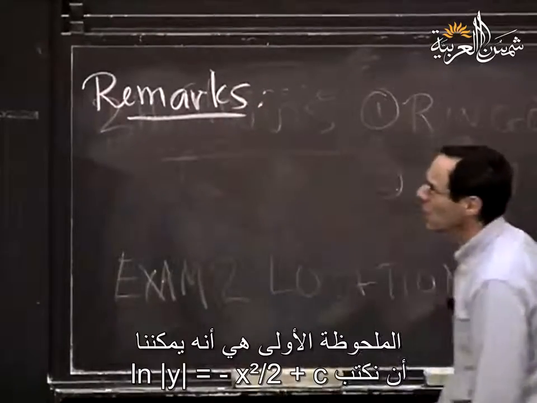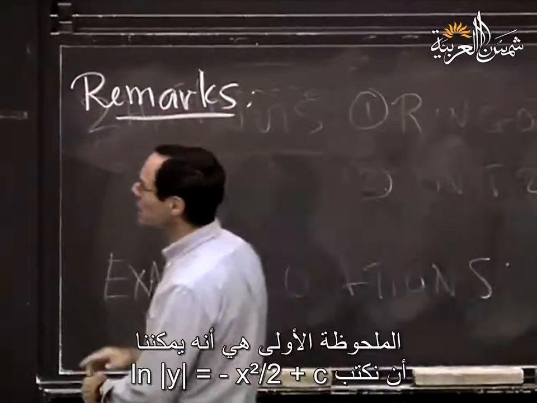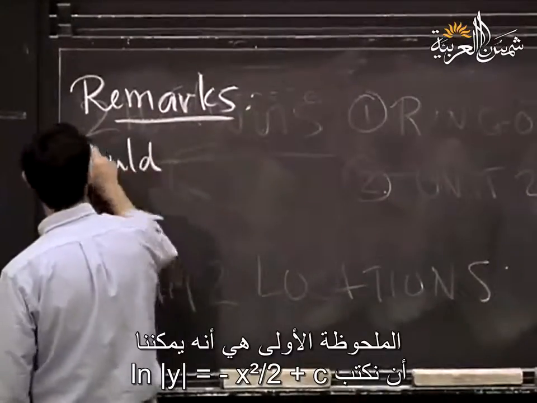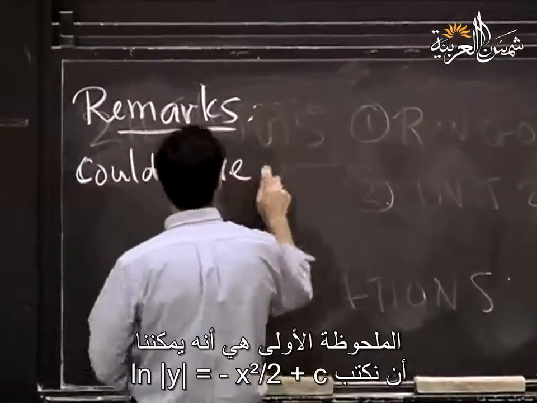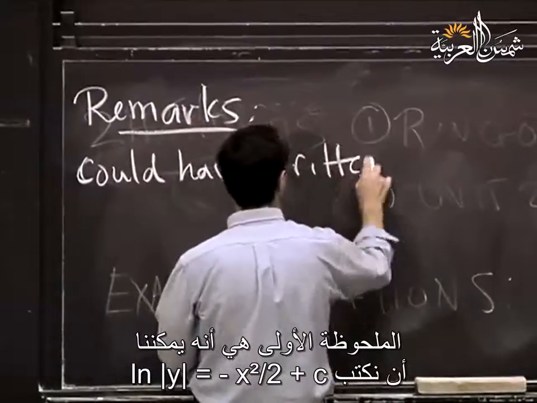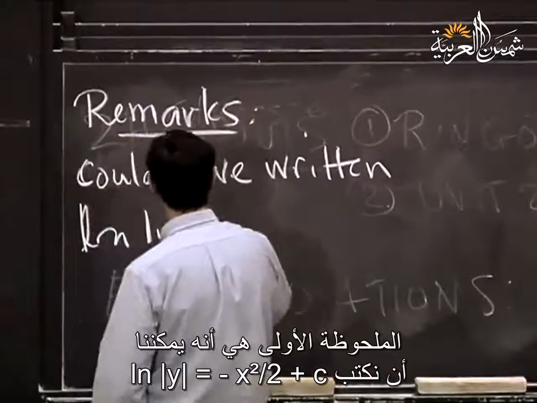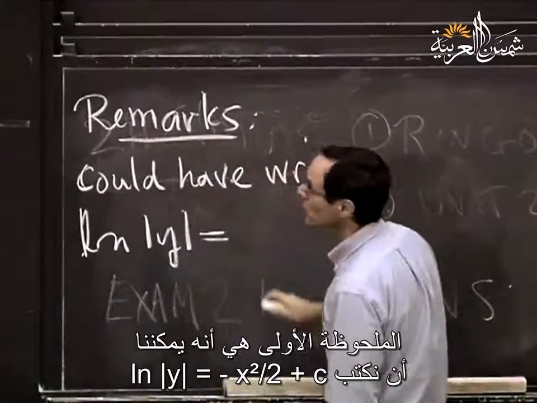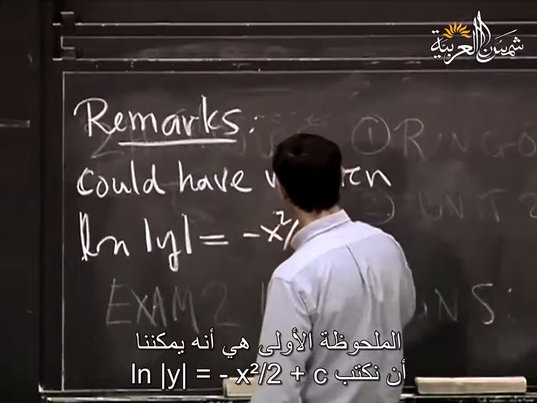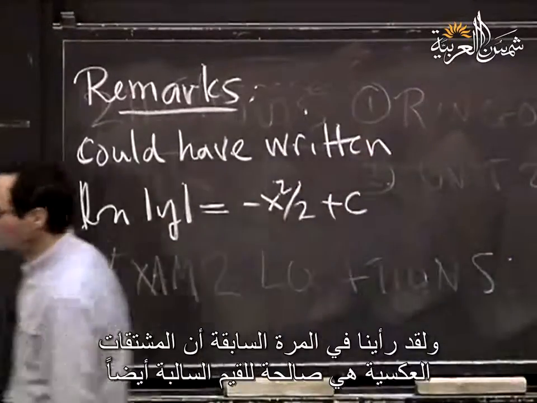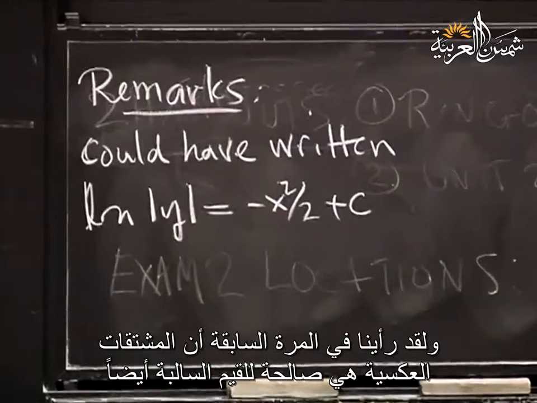The first remark is that I could have written natural log of absolute y is equal to minus x squared over 2 plus c. All right? We learned last time that the antiderivative works also for the negative values.